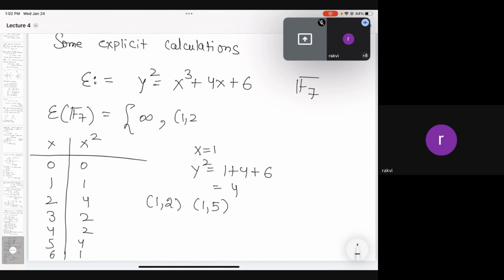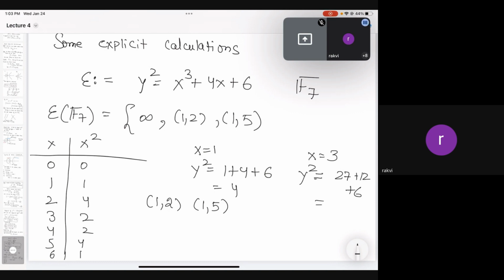Similarly, we can do this calculation for every possible value of x and see what y coordinates we get. For example, if we do this for x equal to 3, then we'll get that y squared is equal to 3 cubed, which is 27, plus 4 times 3, which is 12, plus 6.